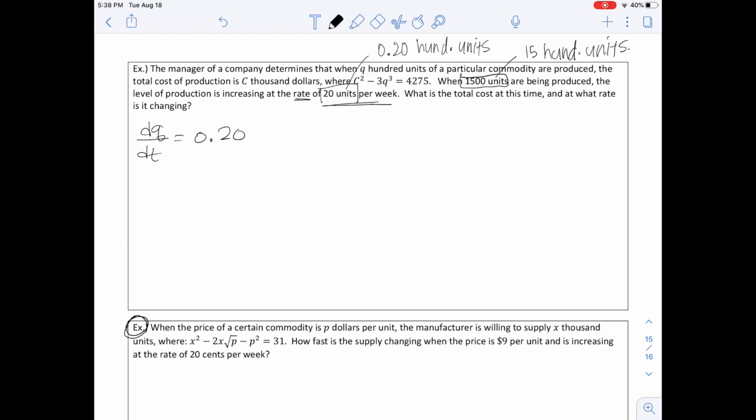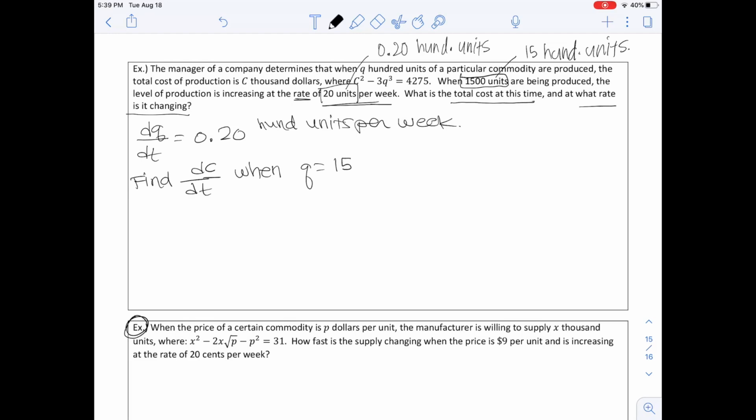And it's asking us to find what is the total cost at this time and what is the rate that it is changing. So it wants us to find dC/dt when Q is equal to 15, that is 1,500 units.